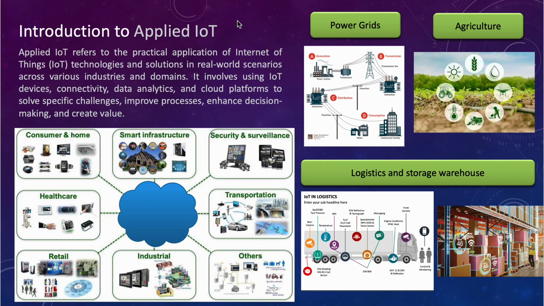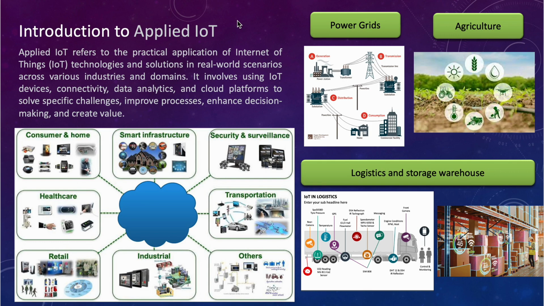So you can see that when an IoT application is used to solve a problem or as a new, efficient solution, the application should have the following properties. Mainly, of course, it is Internet of Things.